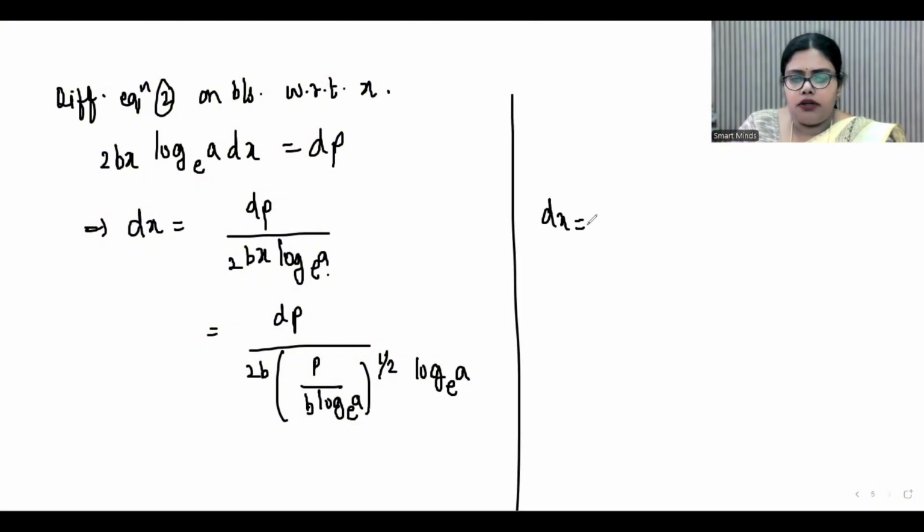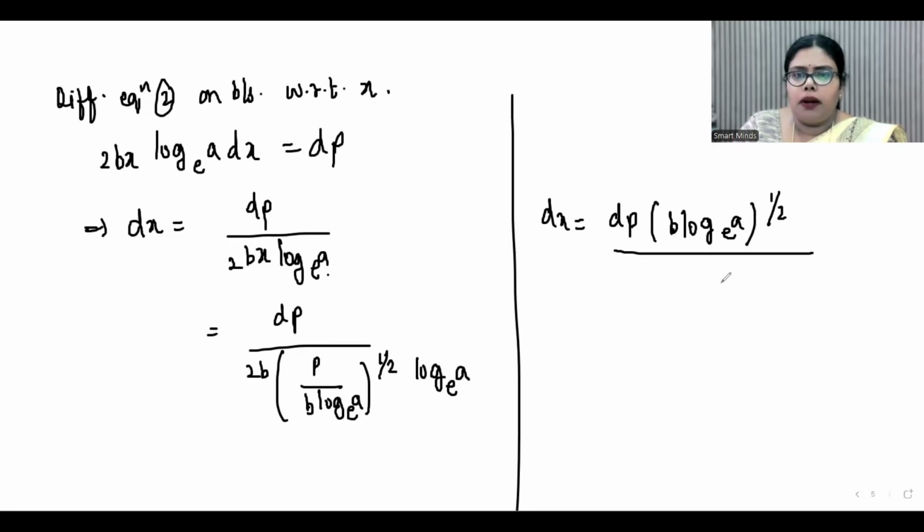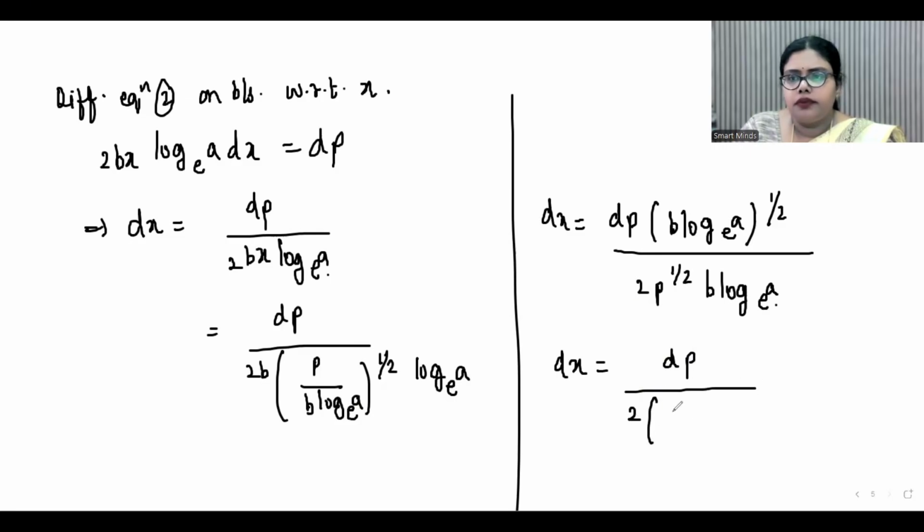So dx is equal to dp by 2 into b log a to the base e whole power 1 by 2 into p power 1 by 2.